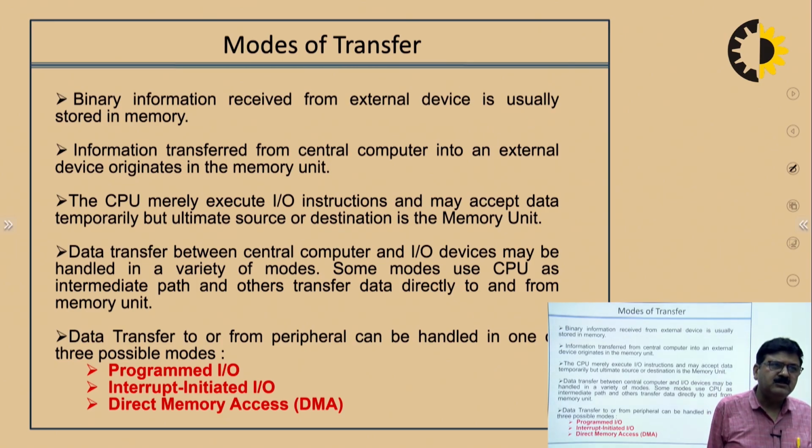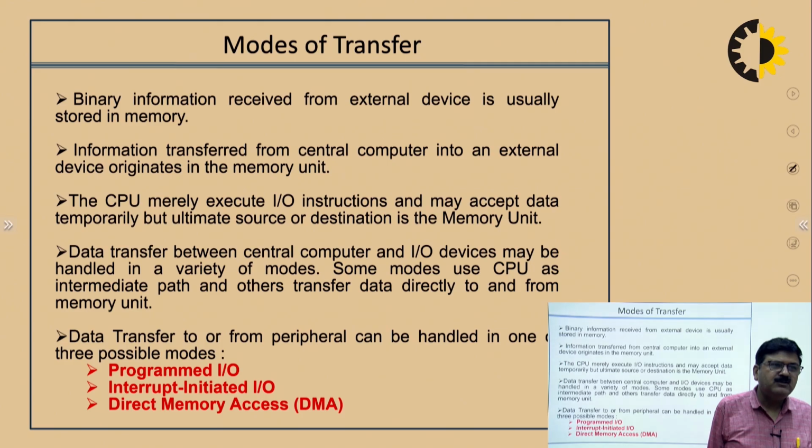Binary information received from external devices is stored in the memory. Information transferred from the central computer to an external device originates in the memory unit. The CPU merely executes input-output instructions and may accept data temporarily, but the ultimate source or destination is the memory unit.